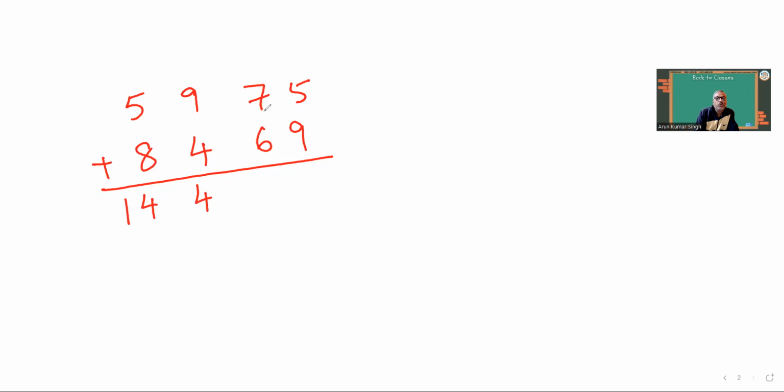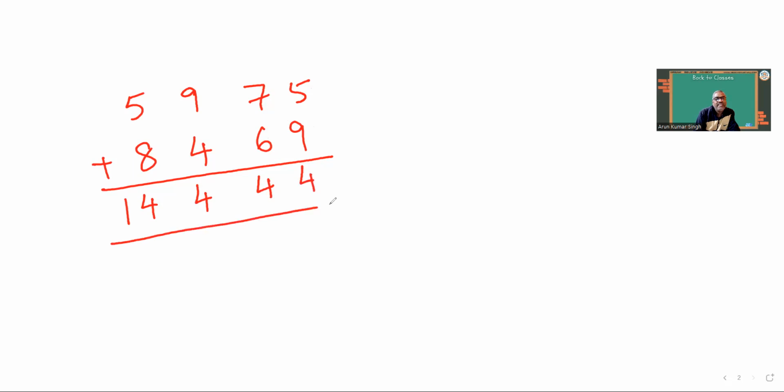Now 7 plus 4 is 13, and the next number is again a carry number, so 13 becomes 14. So here it is 4. And now 9 plus 5 is 14, so it will be 4.